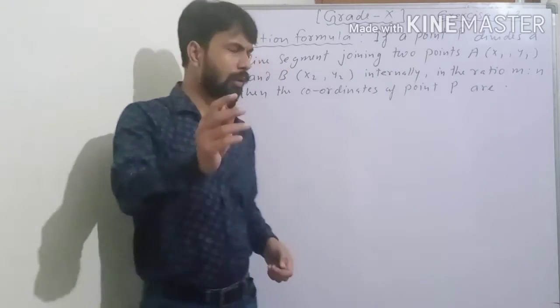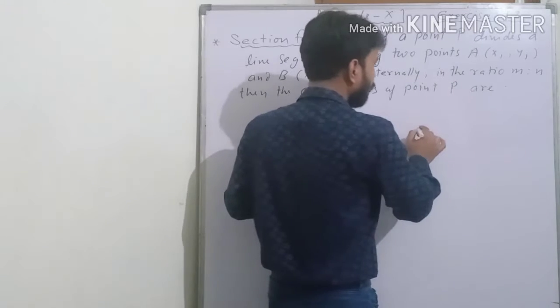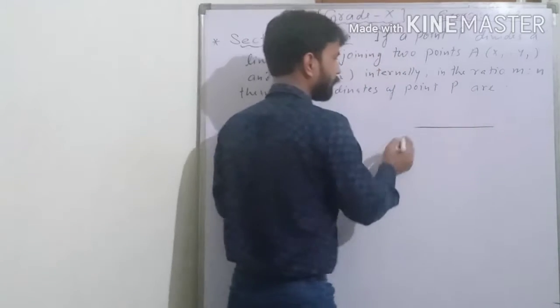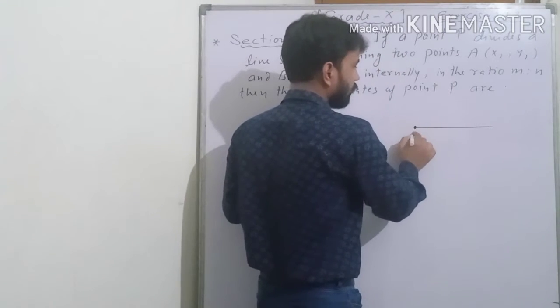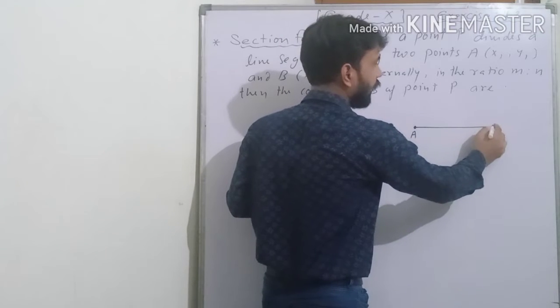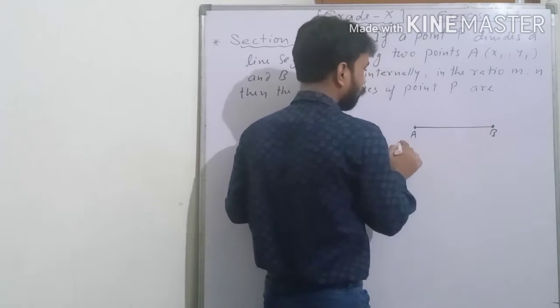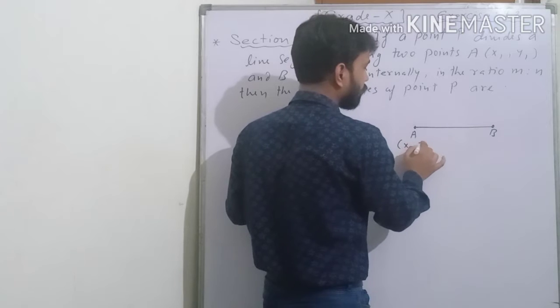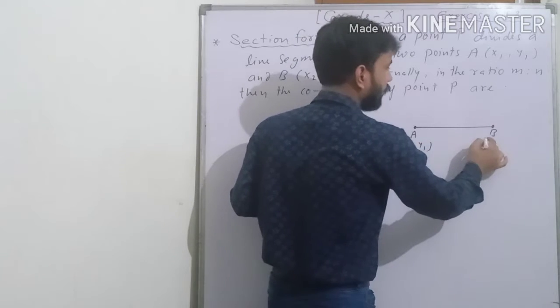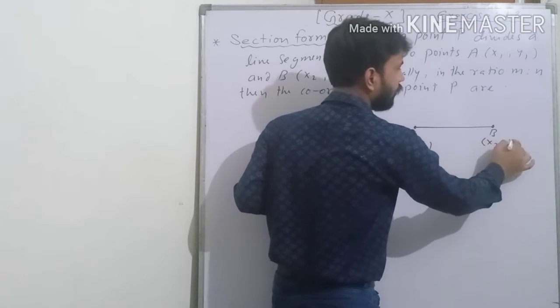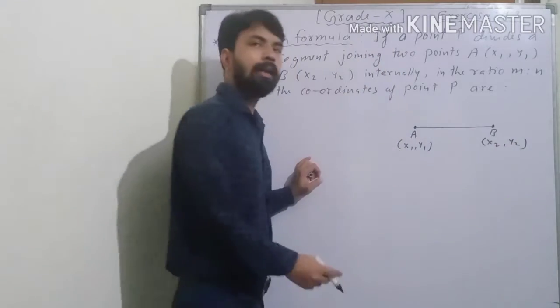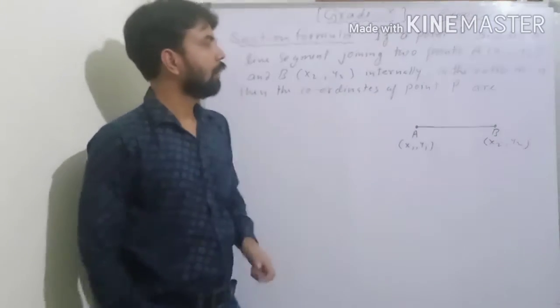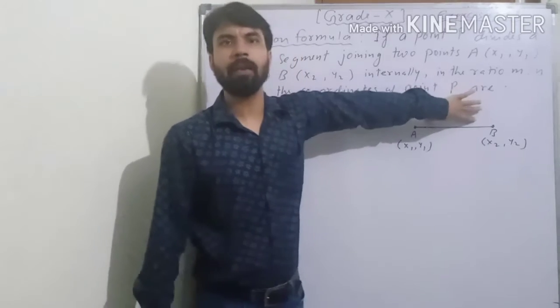Understood? So, listen very carefully. There is a line segment joining two points. First point is A and second point is B. Coordinates of A is x1 and y1 and coordinates of B is x2 and y2. And there is another point P which divides this line segment internally.